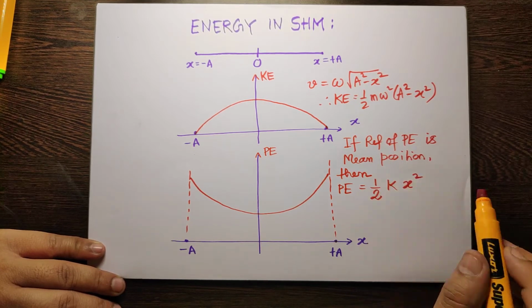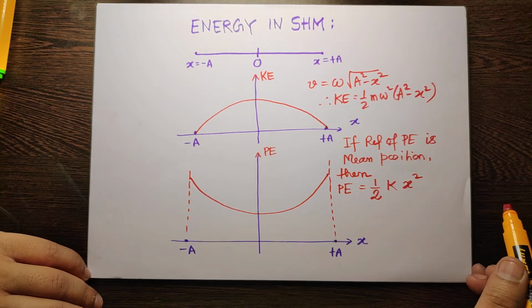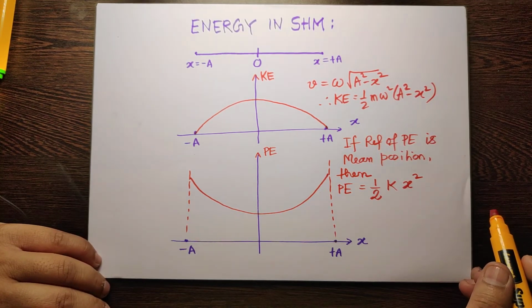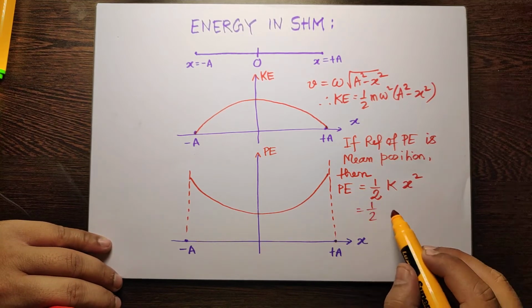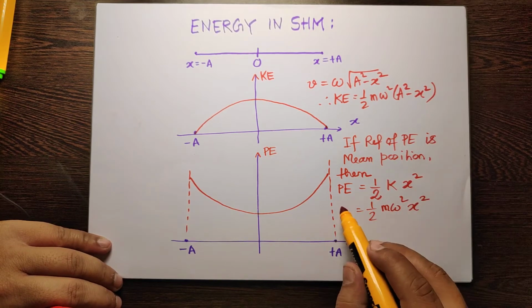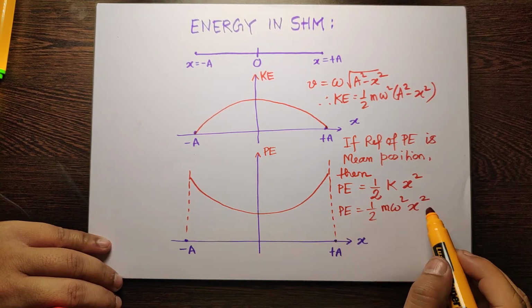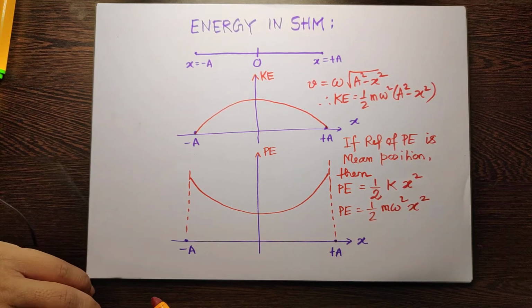See the k, because the force in SHM is like the spring force, and for the spring we know potential energy is equal to half kx square. So here we will replace it with half m omega square x square. So that is potential energy if the mean position is taken as the reference.